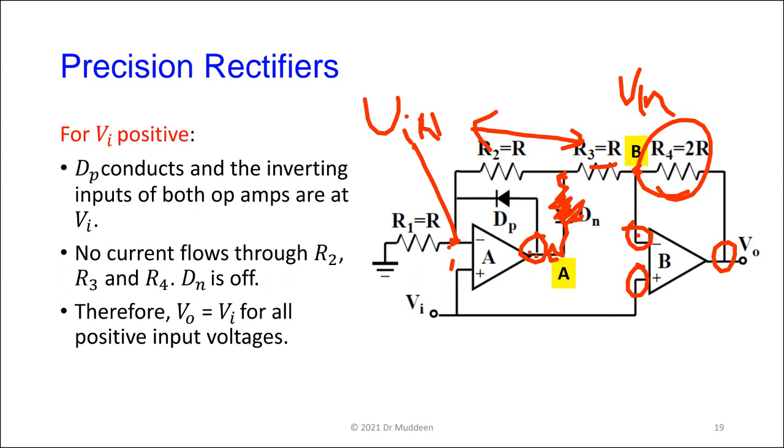All it's doing is acting as a non-inverting amplifier, so the output will simply track whatever Vin is at that point. There is no current going back here, so this entire bit is out of the circuit. Basically you just have an op amp connected, almost like a voltage follower, because no current is flowing through here, so the voltage out follows Vin. All because DN is off.